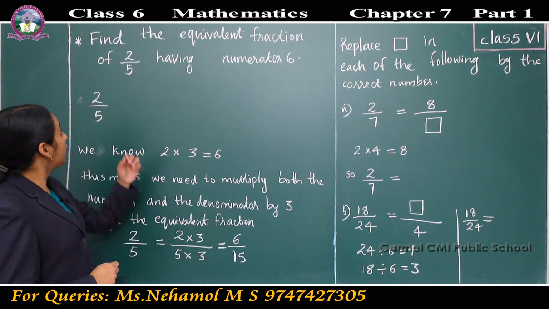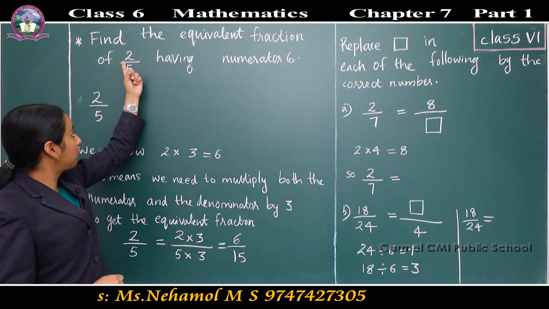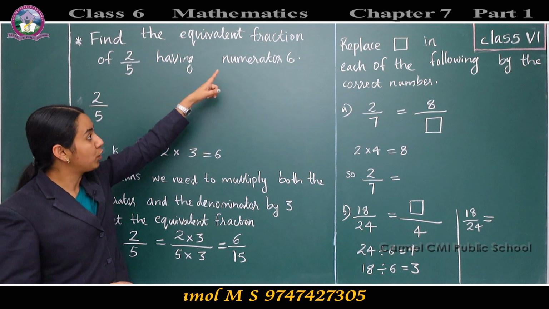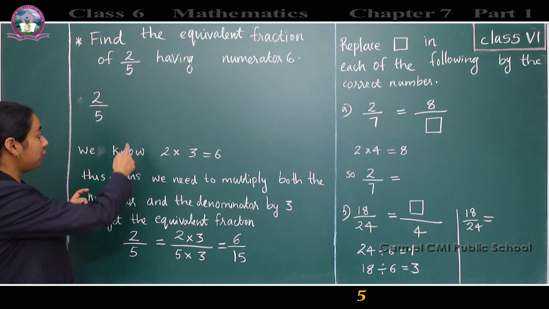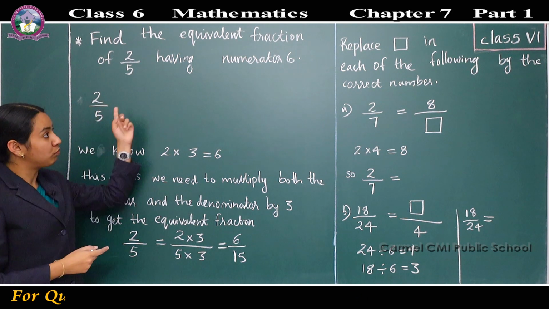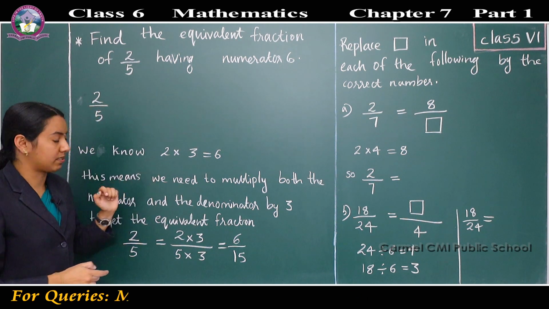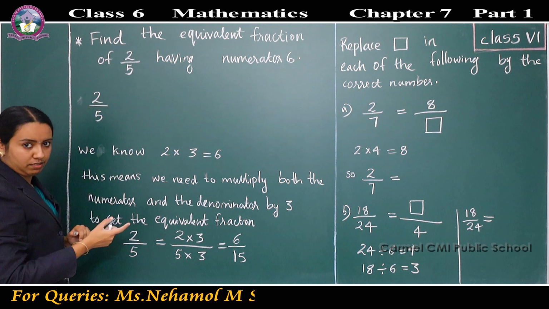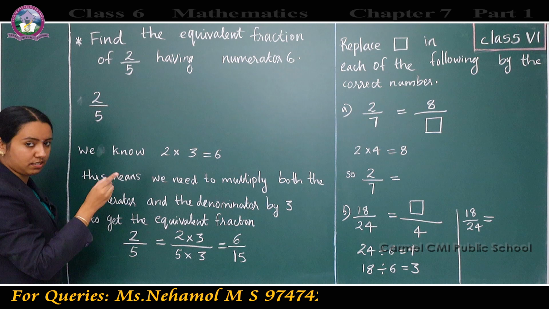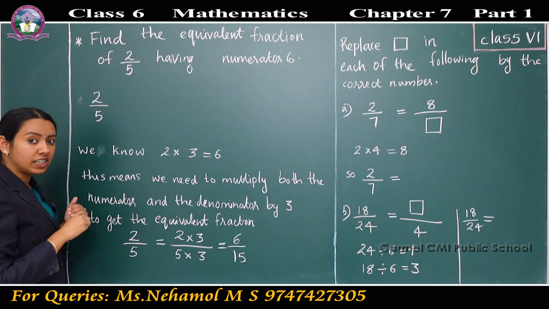Next question. Find the equivalent fraction of 2 by 5 having numerator 6. We know that 2 into 3 is 6. We have to make numerator 6, so we have to multiply with the 3.